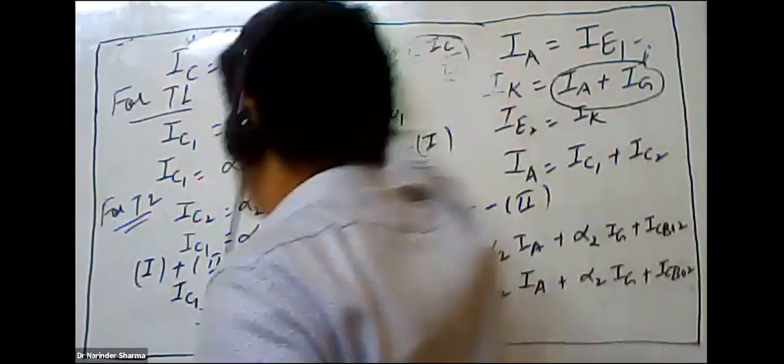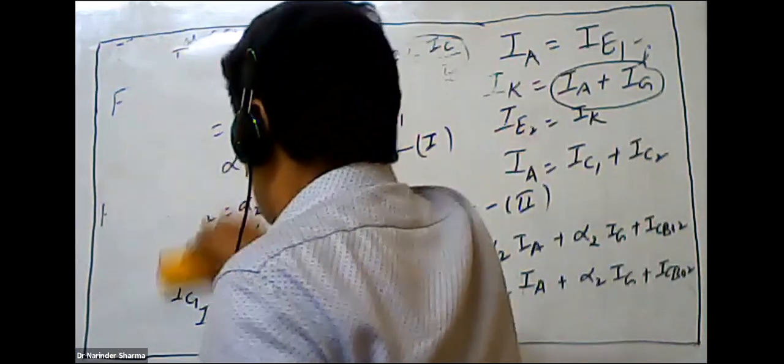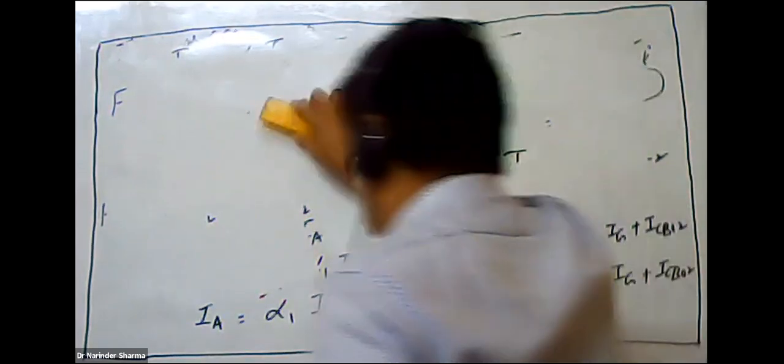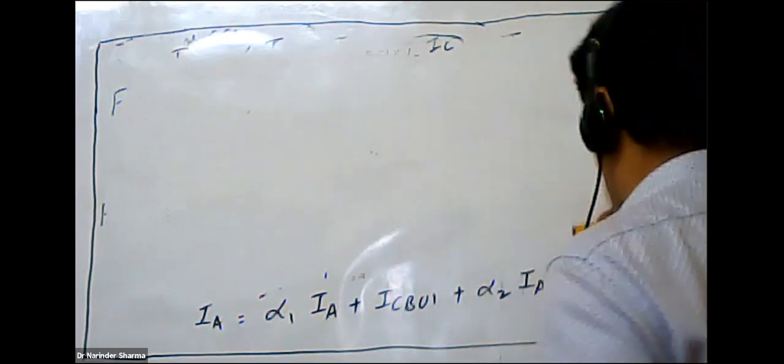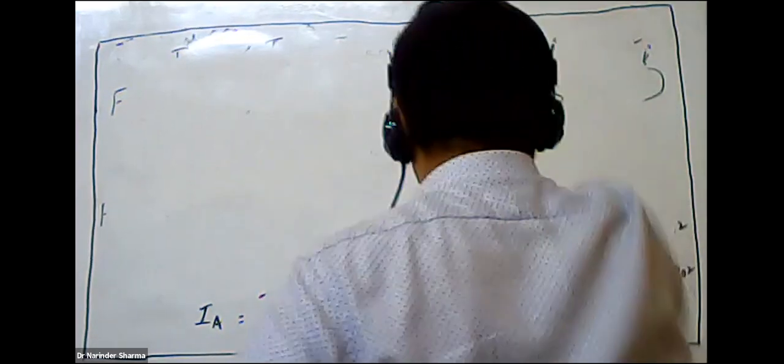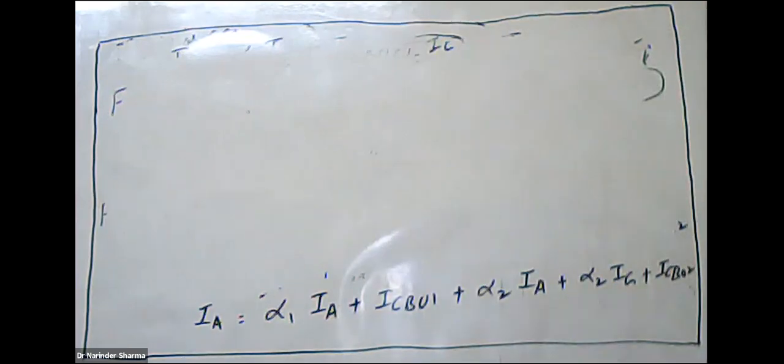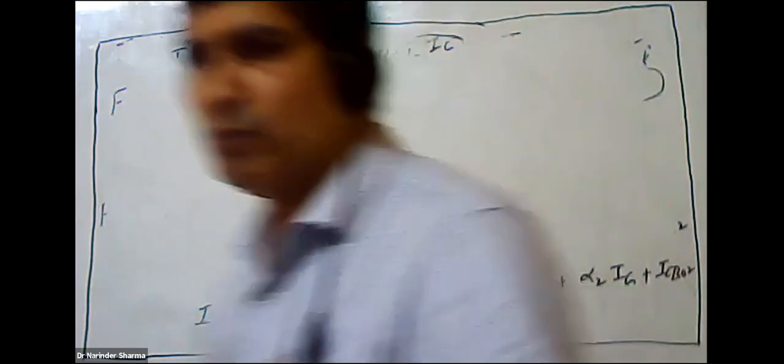Moving further, now we have IA equals alpha 1 IA plus ICBO1 plus alpha 2 IA plus alpha 2 IG plus ICBO2. IA can be taken to one side.